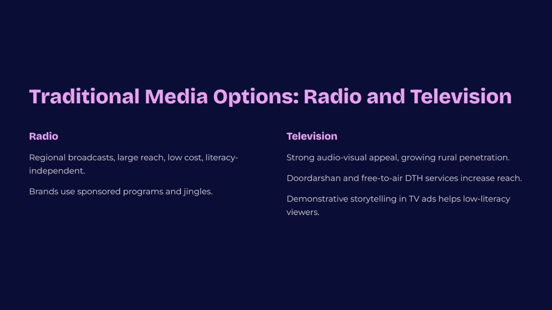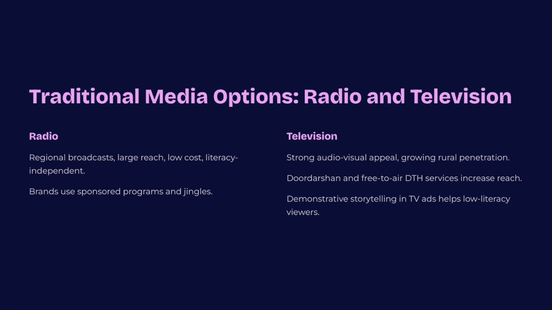Television penetration in rural India has also grown steadily. Doordarshan, the public broadcaster, boasts wide coverage and dedicated rural focused programs such as Krishi Darshan for farmers. Television combines powerful audio-visual impact, which is particularly helpful for low literacy audiences.